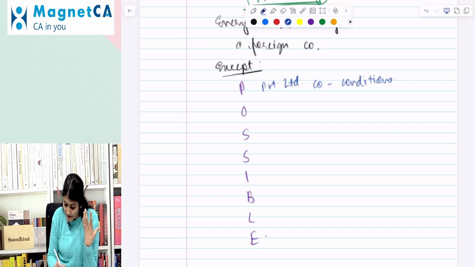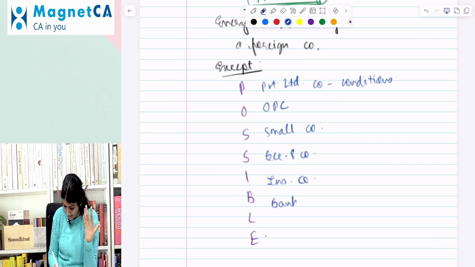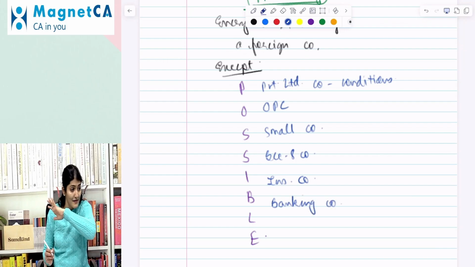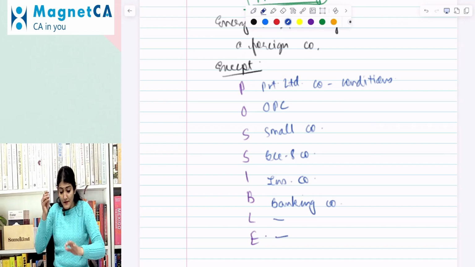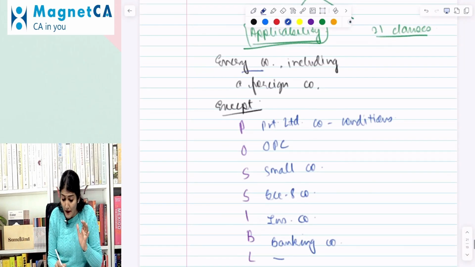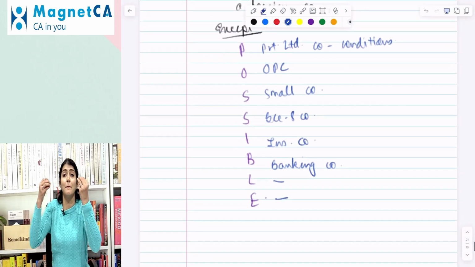Then the one-person company, small company, Section 8 company, insurance company, and the banking company. To make it a word, I write it as POSIB, but there is nothing to be written in front of LLP. So CARO shall apply to every company, including a foreign company, except POSIB.